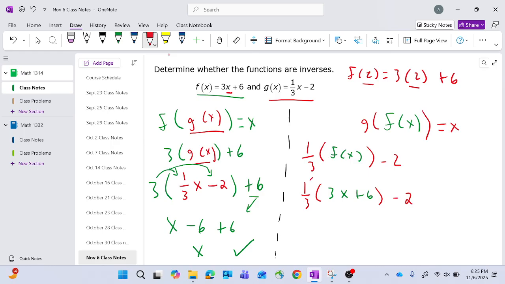And just like before, we're going to expand it all out to see what we get. 1/3 of 3x is just x. 1/3 of 6 is a positive 2. This negative 2 we bring down, 2 minus 2, to just get x.